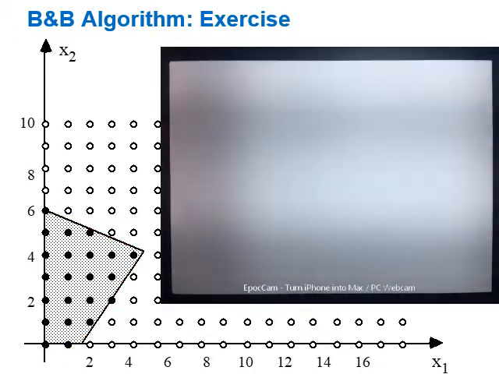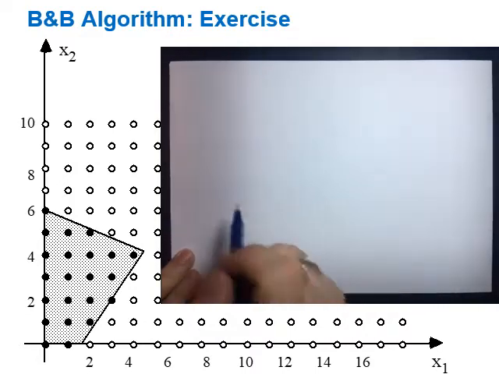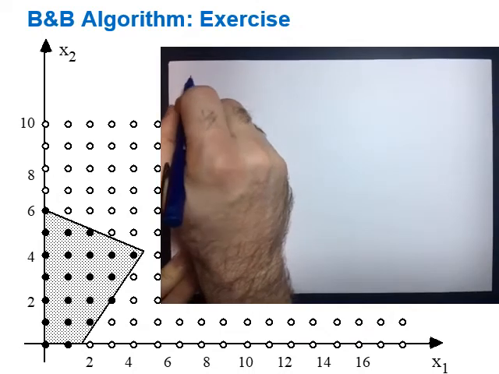Okay, how do we start? According to the algorithm, in step 0 of the branch and bound algorithm, we set our index i equal to 0. As I said, this index you can either start from 0 or 1. It's not that important, but I will start from 0.